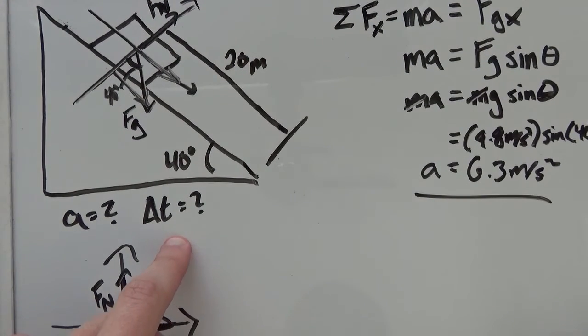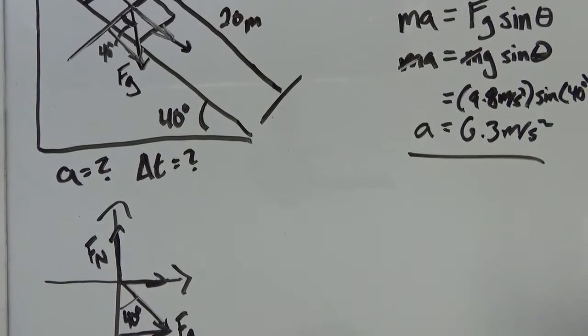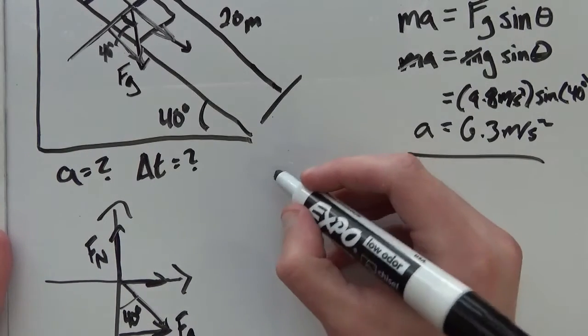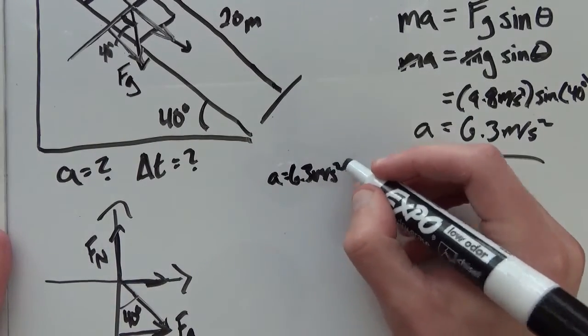Now we need to figure out the time that it takes for the box to slide down here. So this is just a good old 1D kinematics question. I'm going to rewrite our givens over here because it'll make the equation picking matching game a little bit easier. We just figured out that acceleration is 6.3 meters per second squared.